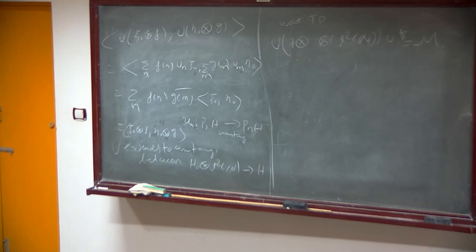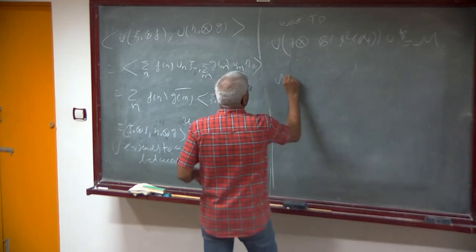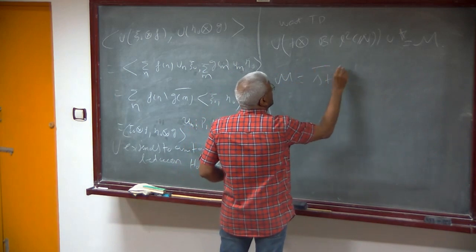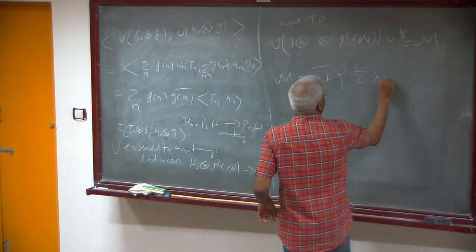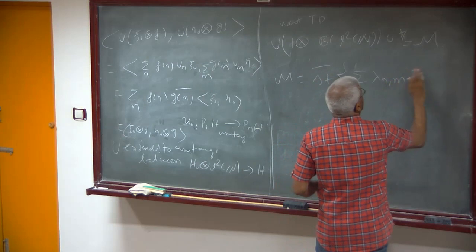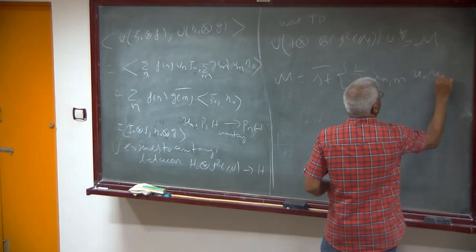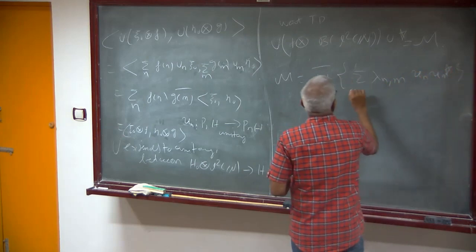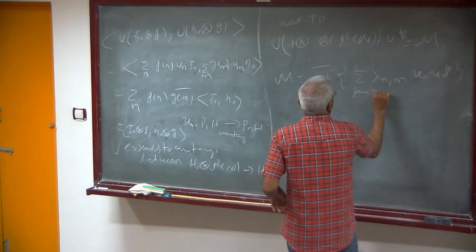So m is equal to the strong closure of the finite summation of lambda nm times un um star, right?